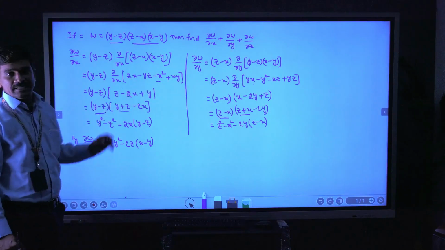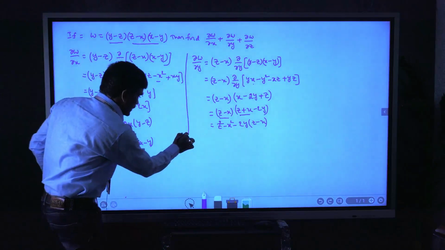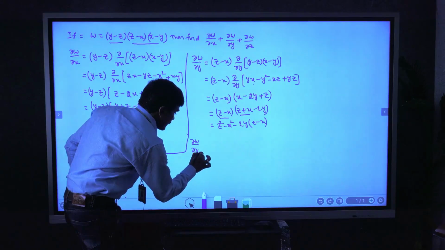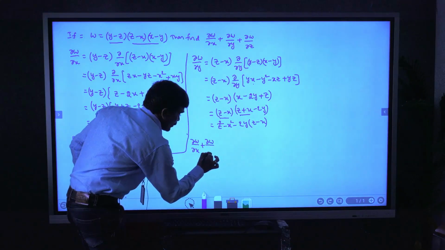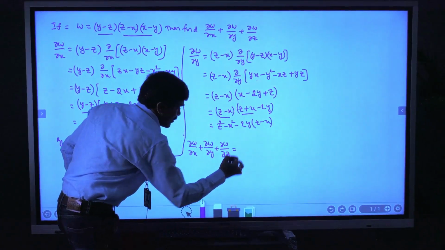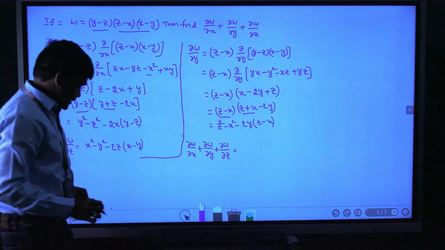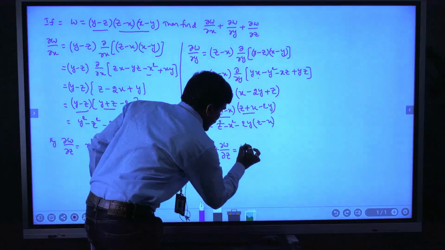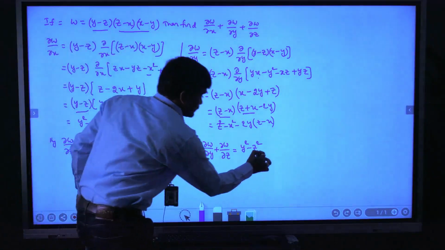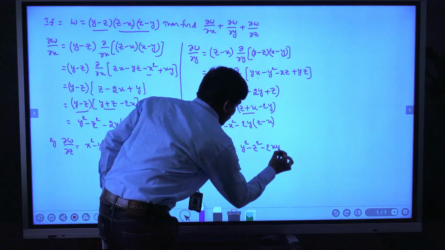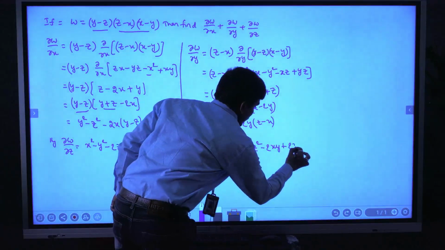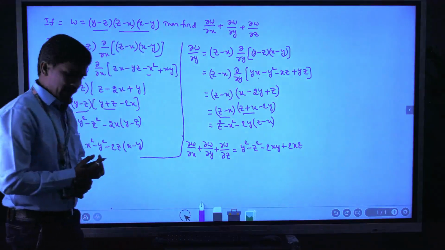So adding these three terms, what do we get? Dou w by dou x plus dou w by dou y plus dou w by dou z. Dou w by dou x is y square minus z square, minus 2xy, plus 2xz.